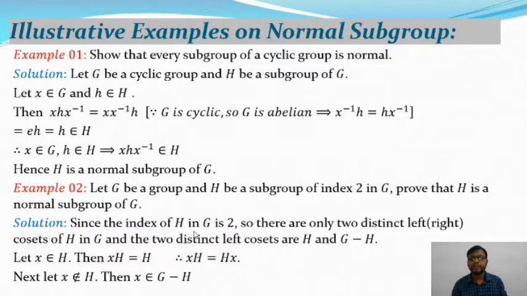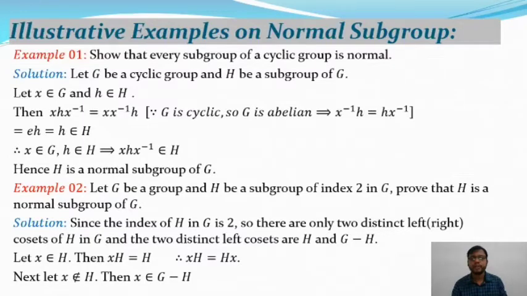Since the index of H in G is 2, there are only two distinct left cosets or right cosets of H in G, and the two distinct left cosets are H and G minus H. Okay, these two are the distinct left cosets.